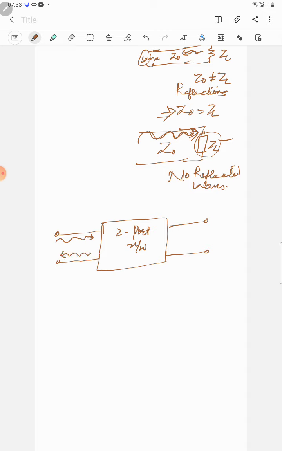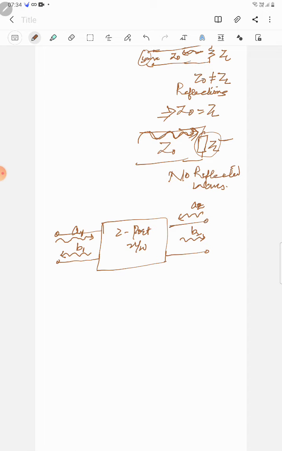So let us designate the input signal by A1 and the reflected by B1. A1 corresponds to the incident wave, B1 corresponds to the reflected wave. Likewise at port 2, A2 corresponds to input and B2 corresponds to the reflected wave.